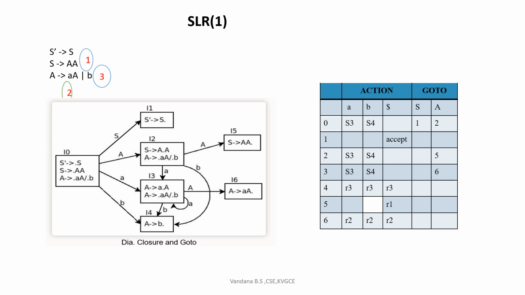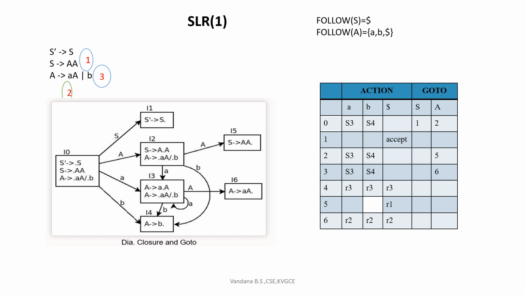But actually, in the SLR1 parser, it is not like that. Instead of filling up all the entries with R3, what we have to do is, the production here is A derives B. So at this time, we have to go for follow of A. What is the entry of follow of A? A, small b and dollar. So there you have to write R3, R3, R3.